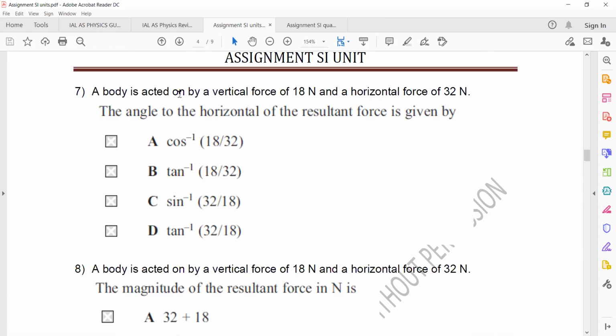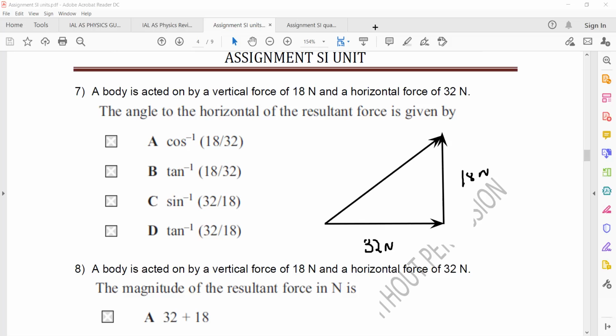Now, a body is acted on by a vertical and a horizontal force. The horizontal force is 32 and the vertical force is 18. To get the result, you will use the triangle method, tail of the first to the head of the last.